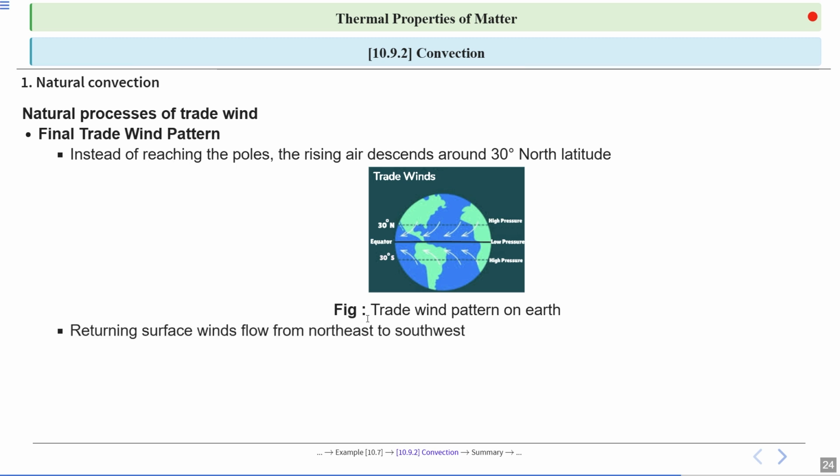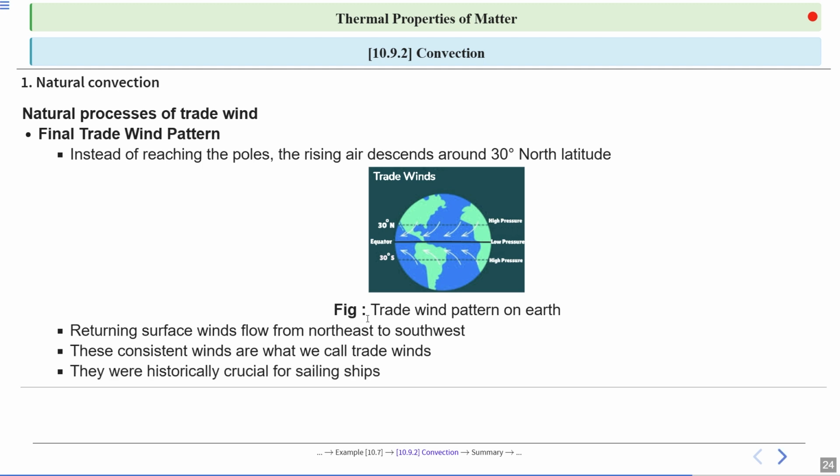Here the returning surface winds flow from the northeast to the southwest. These consistent winds are what we call trade winds, and they were historically crucial for sailing ships. This creates steady winds from east to west in both hemispheres.